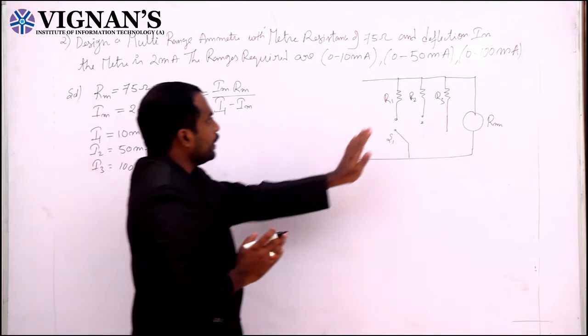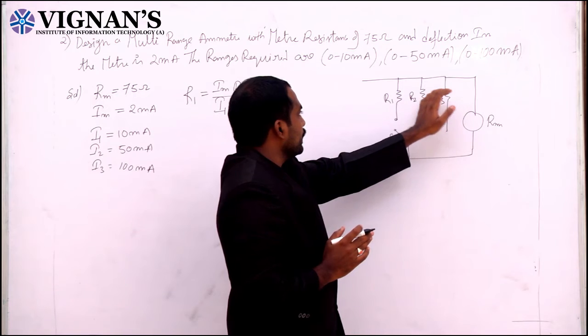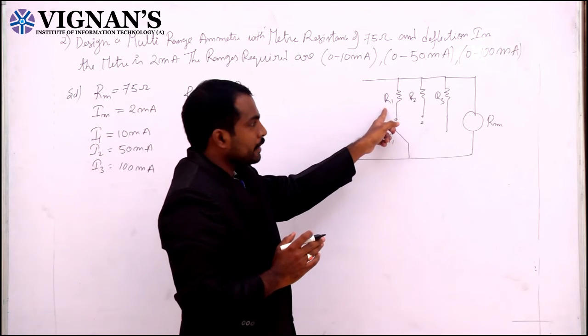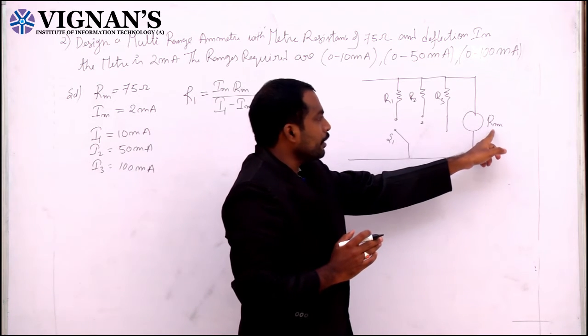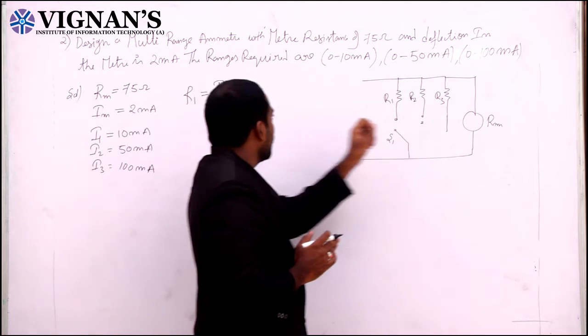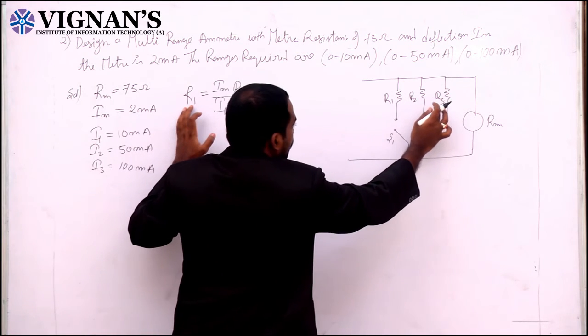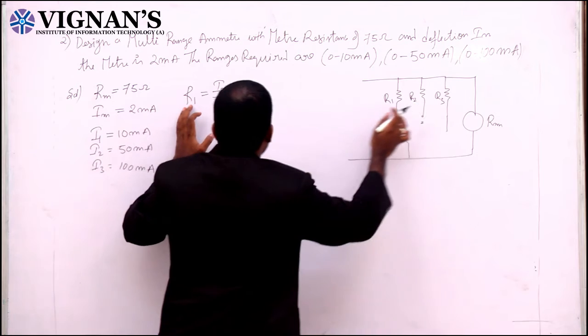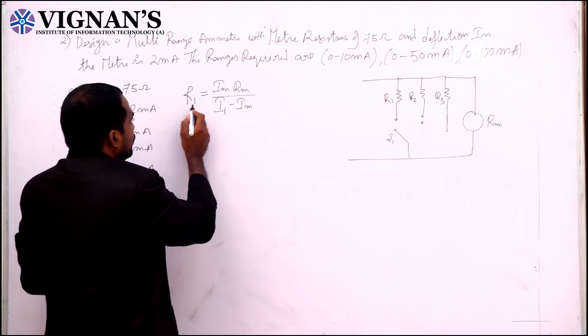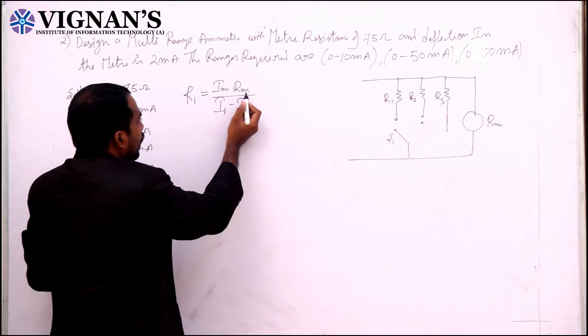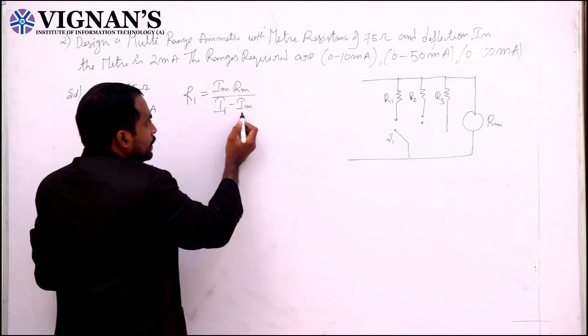That means if you are neglecting R2 and R3 in this case, R1 is nothing but the shunt resistance which is placed in parallel with your meter resistance Rm. So what will be the formula for RSH when R2 and R3 are neglected? Your formula for RSH is equal to Im into Rm by I minus Im.